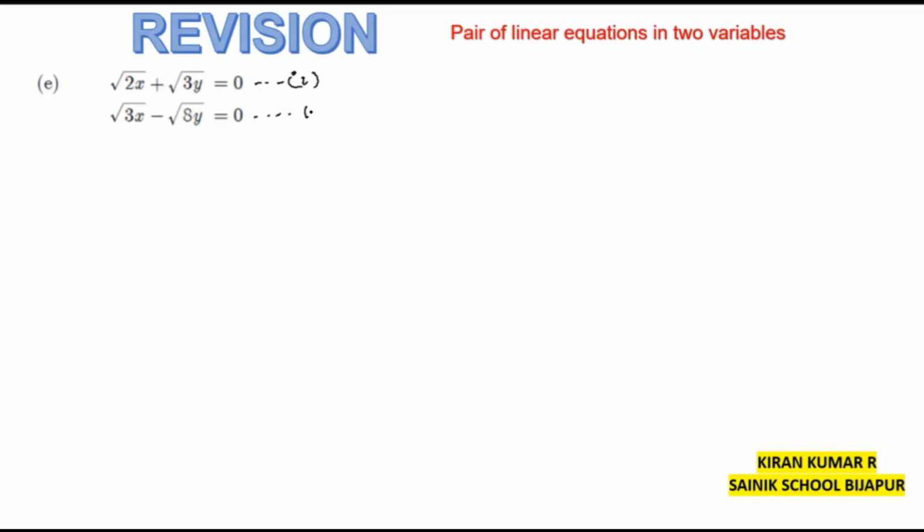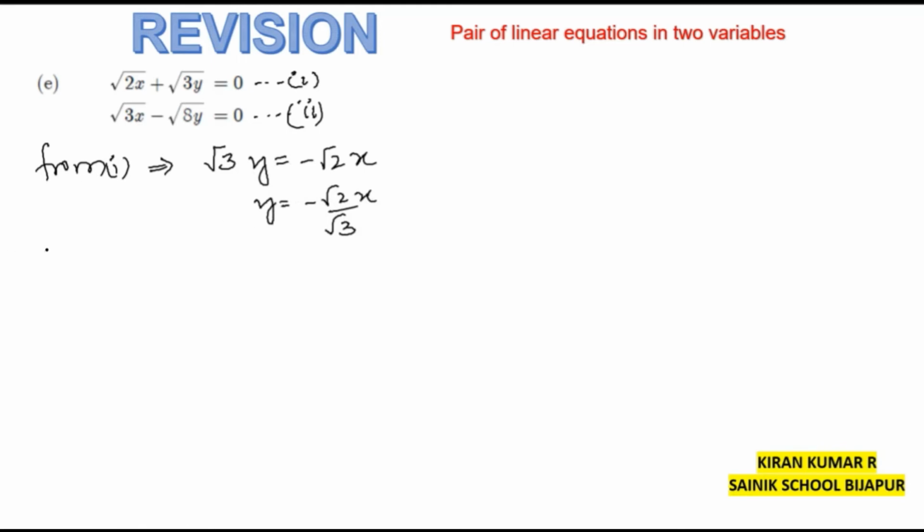This be equation 2. From equation 1, I can write root 3y equal to minus root 2x. So the value of y is minus root 2x divided by root 3.